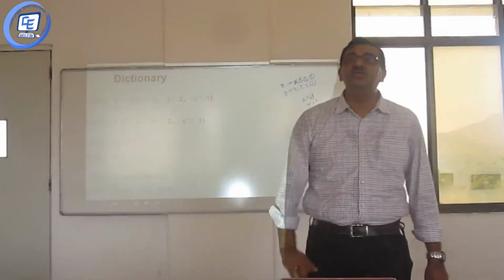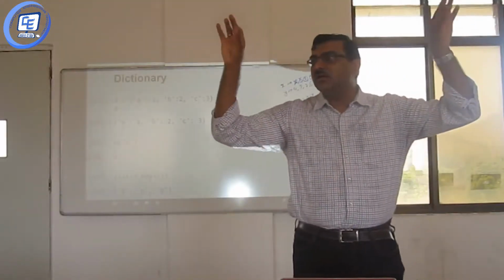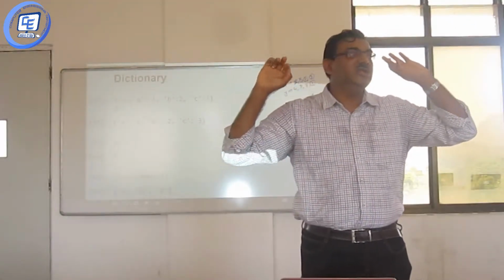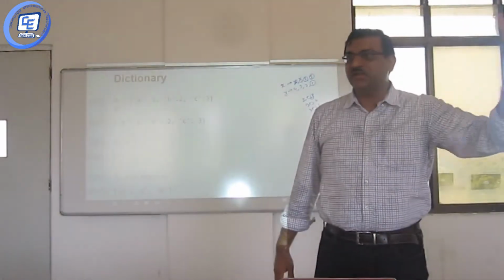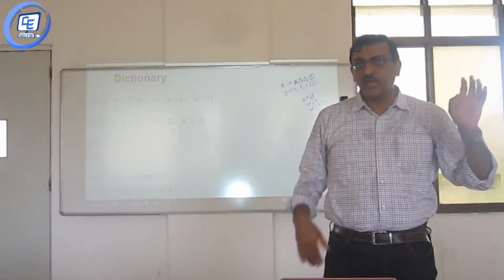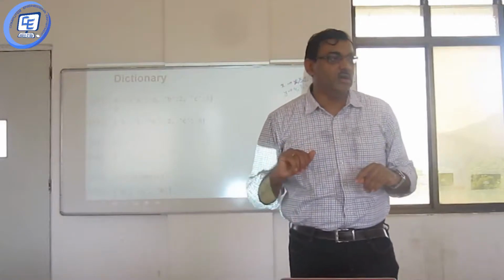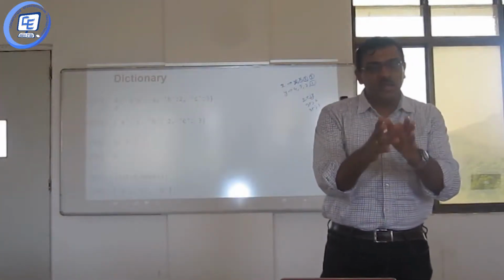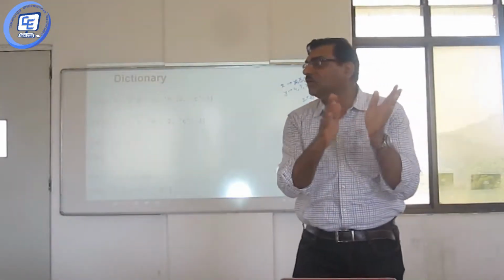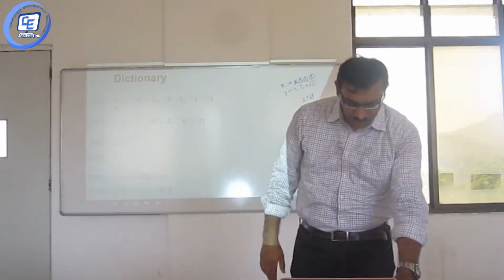How have we defined the dictionary? Starting and ending with a curly bracket. A dictionary consists of two things, key and the value of that key. Here the order is not important. You have to just specify the location or the key, colon, the value of that key, and the key is always in quotes.